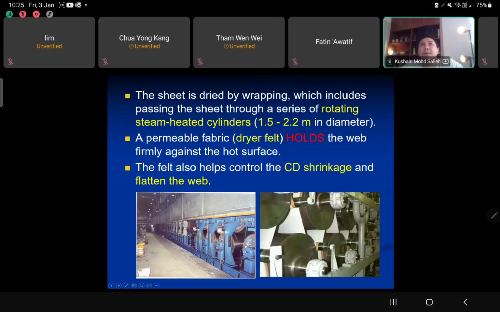So when you are talking about the drying section in paper making, the main machinery involved in the drying process is the rotating steam heated cylinders. Up until now, this is the most efficient way for us to remove water in the wet web sheet.